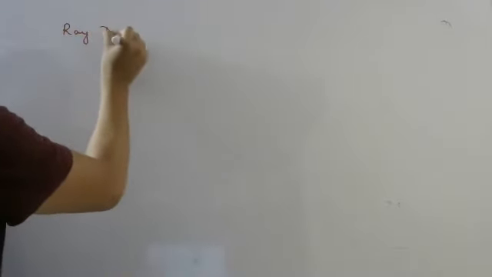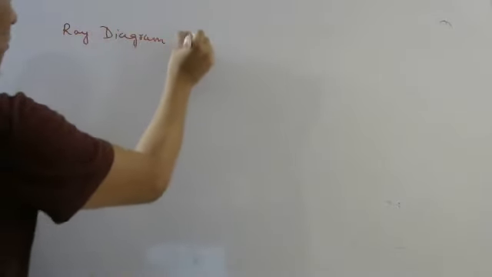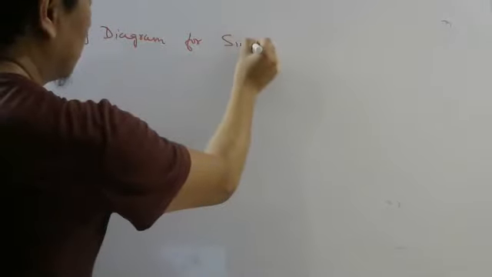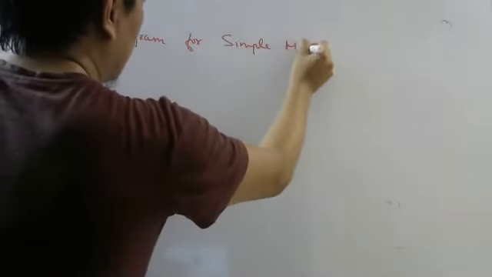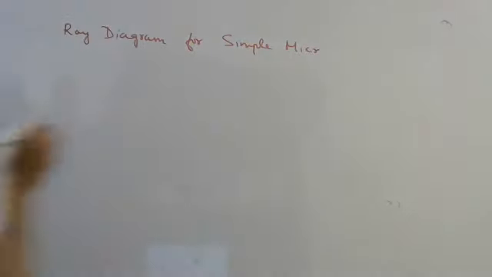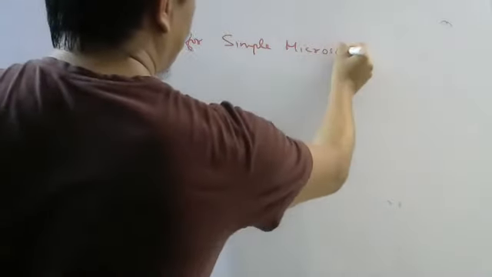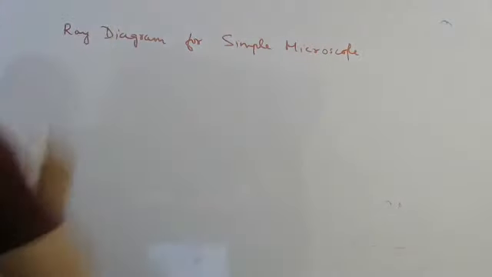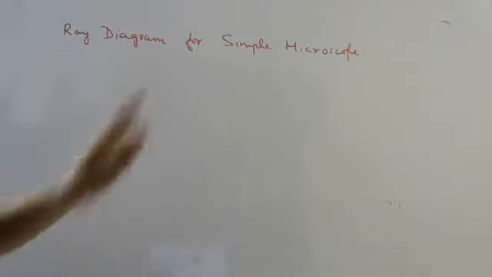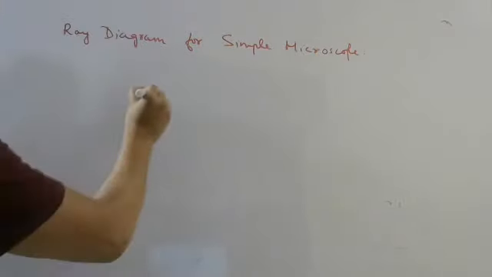Okay, now I will give you 3 ray diagrams. The first one is for simple microscope. So, ray diagram for, excuse me, simple microscope. Okay, so simple microscope will have a single lens, a single convex lens.